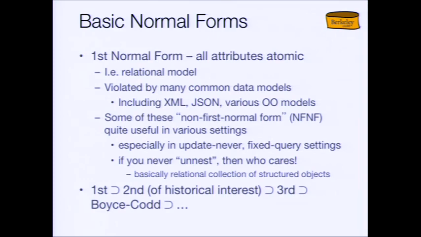Here's another thing. If you never unnest, so suppose I have a collection of JSON objects, each one of which is some crazy tree data structure, because it's got lists of lists in it. Here's one JSON object, it's a crazy tree thing, and here's another JSON object, and it's a crazy tree thing. And I've actually got 700 of these. But all I ever do with them is send them around, and I never unnest them.